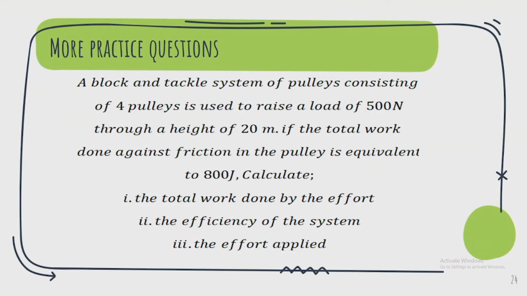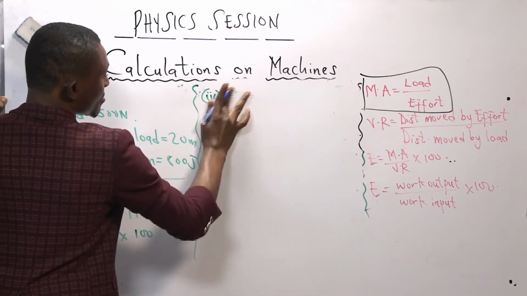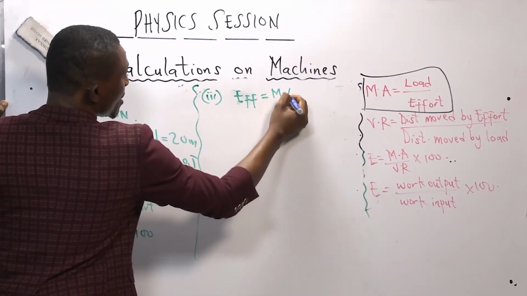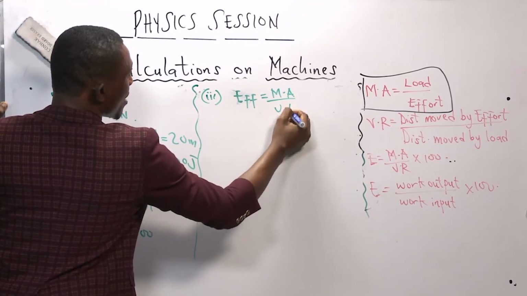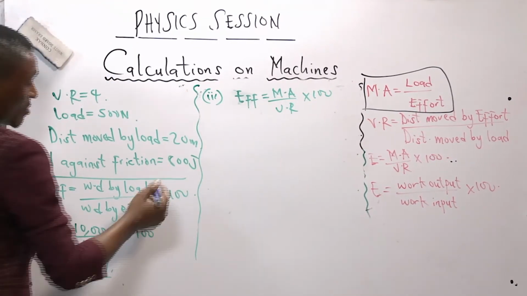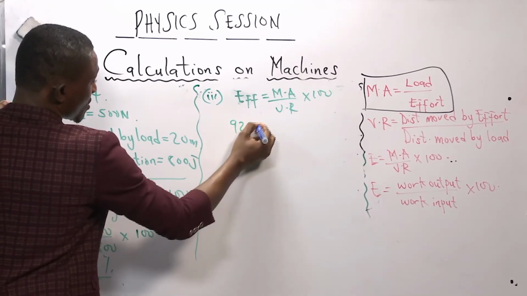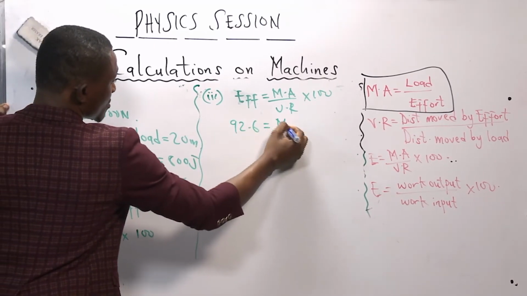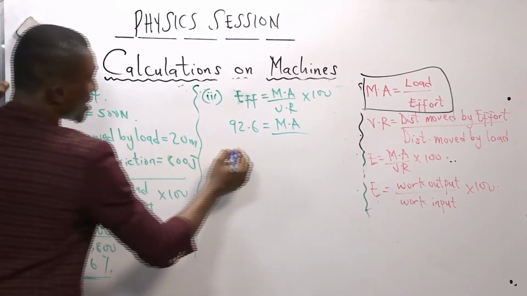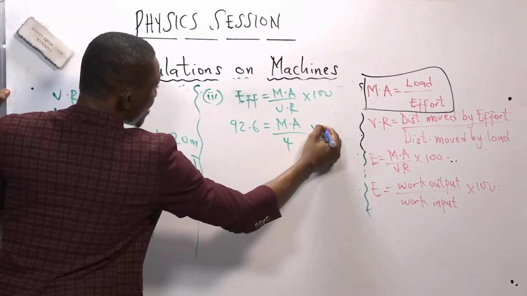So to calculate the mechanical advantage of the system, we use efficiency is equal to MA over VR times 100. Our efficiency from the last question was 92.6, equal to MA over VR, and our VR was given as 4 because the system has 4 pulleys, times 100.